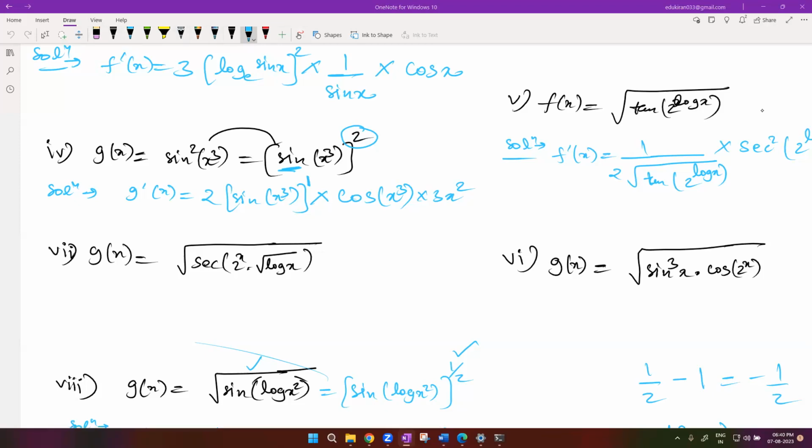Let's start with the first one, the sixth. What was the differentiation of g(x) in this case? Anybody can share the answer if you have solved it.